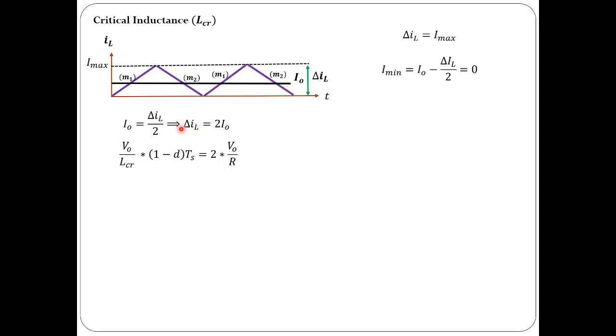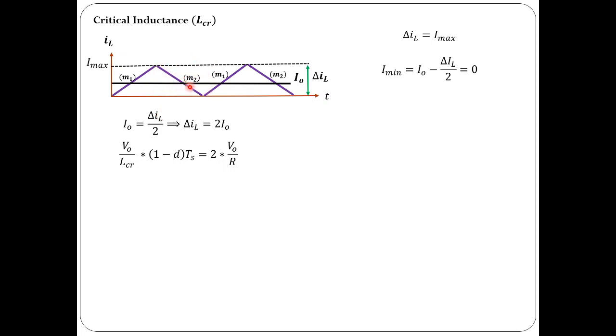What is this del IL? That is the same as the ripple in the current, or else you can also take it as the maximum value in this particular case. So delta IL is the same as the rise in the current during the on period, that is M1 into this particular period, or M2 into this particular period. What is M2?